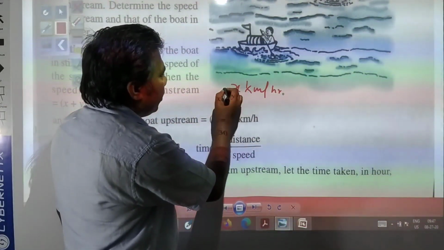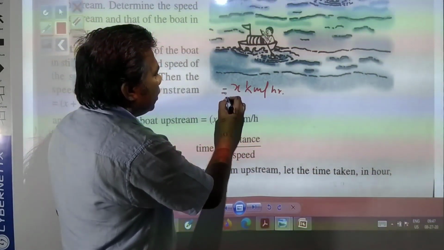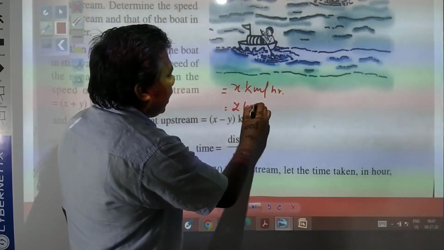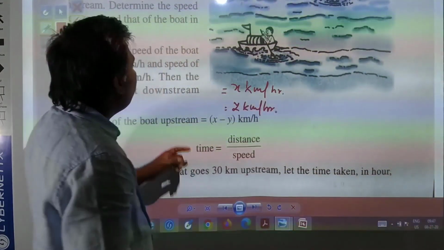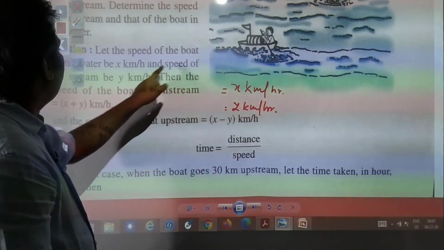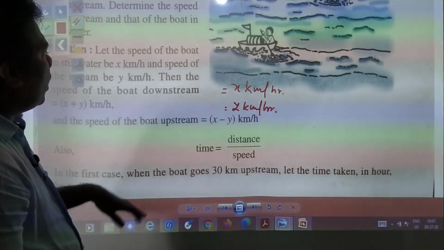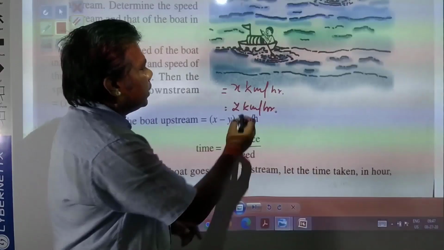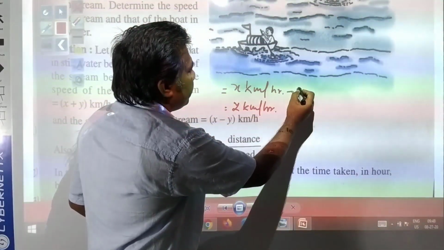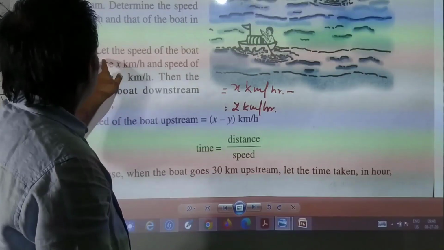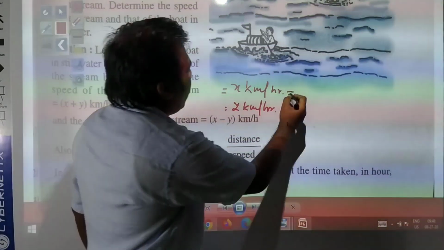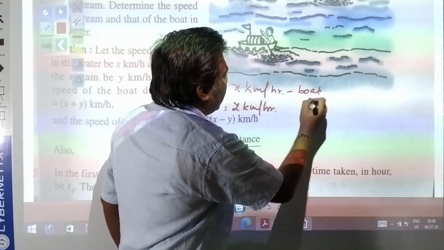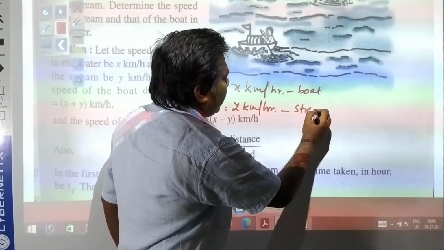This is the speed of the boat and this is the speed of the stream.